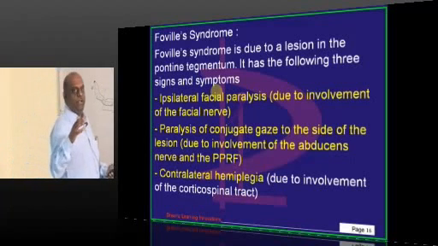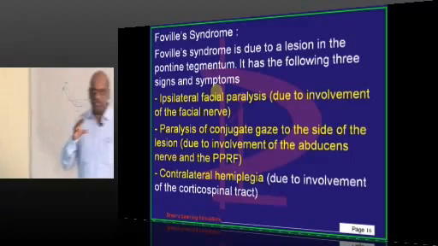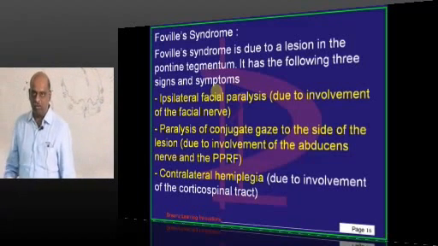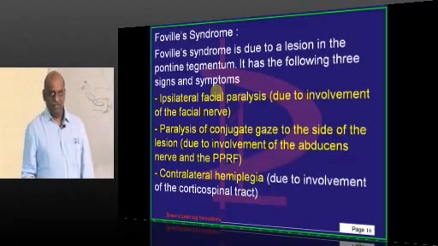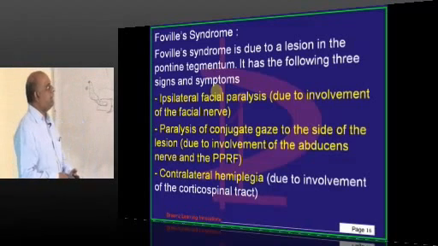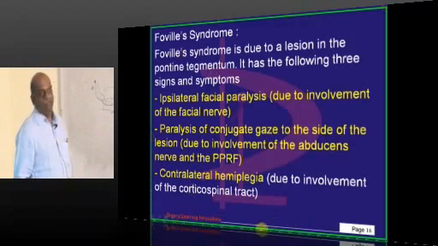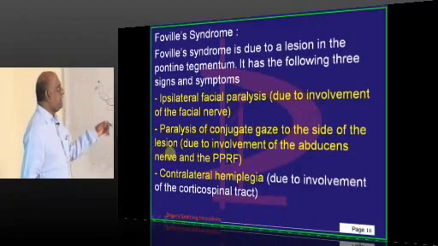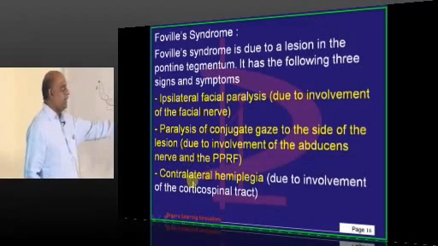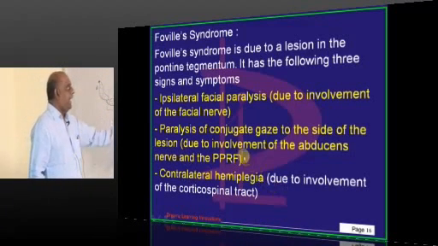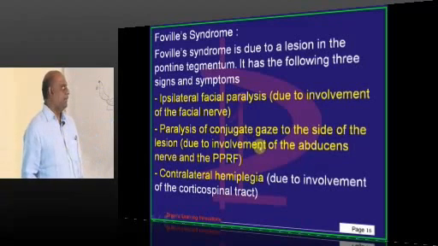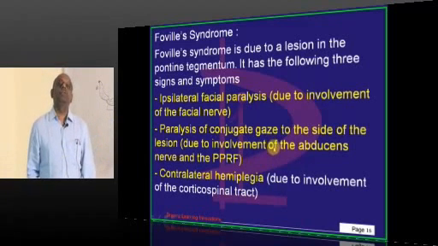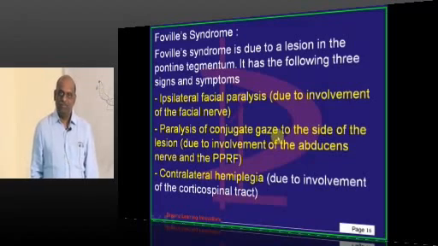See, basically midbrain and brainstem structures have one roof and one floor, tectum and tegmentum. So involvement of the tegmentum of the pons is responsible for Foville. Ipsilateral facial palsy and contralateral hemiplegia, and there is also internuclear ophthalmoplegia. Why?